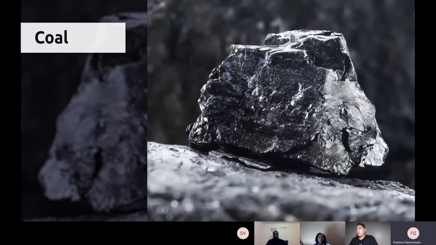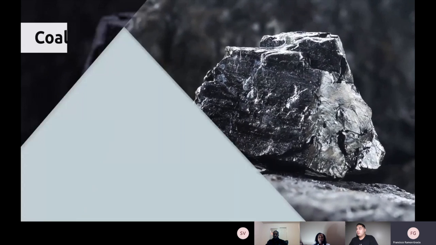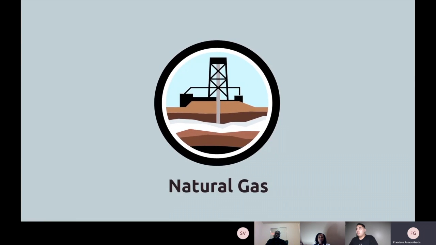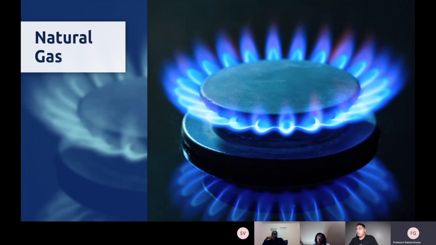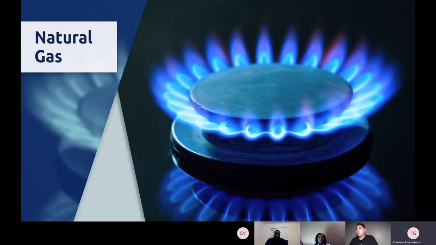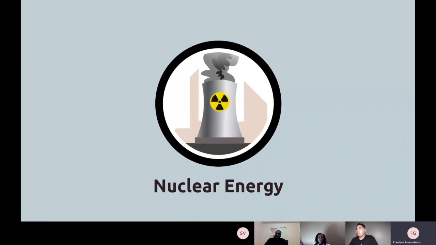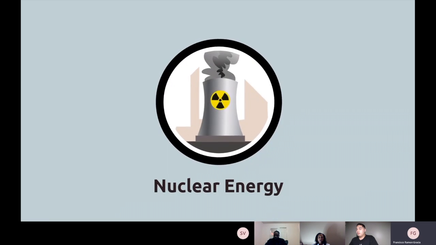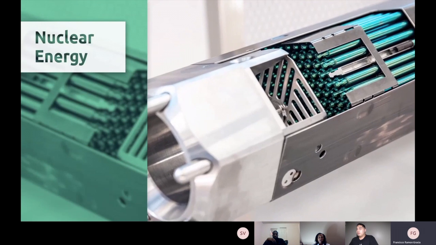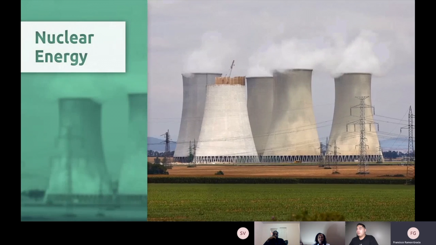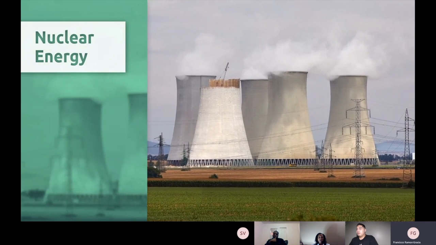When coal is burned, it produces heat. Natural gas is extracted from deposits found under the ground. We use natural gas to heat houses. Uranium is a chemical element extracted from underground shafts and mines. We use uranium to produce nuclear energy, which in its turn will later transform into electric energy.